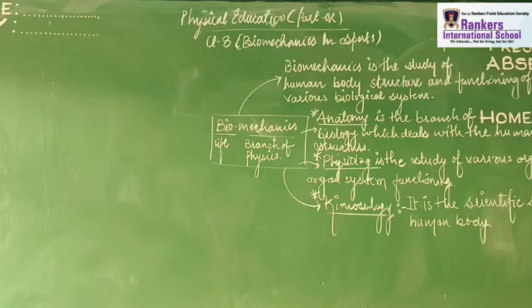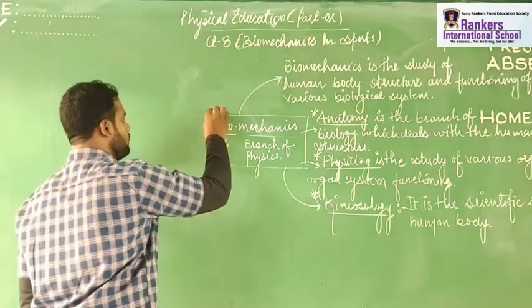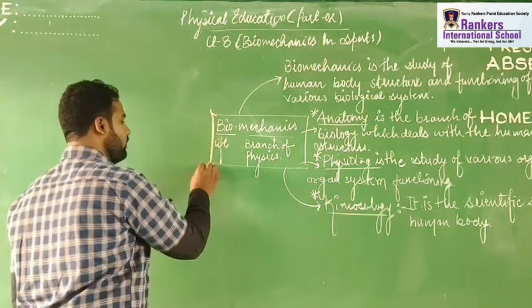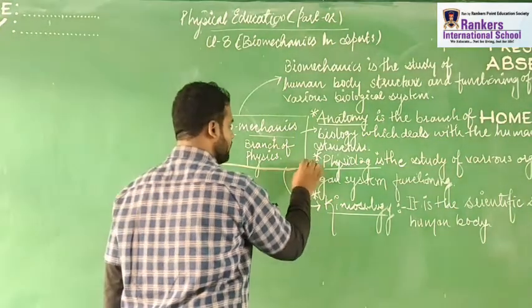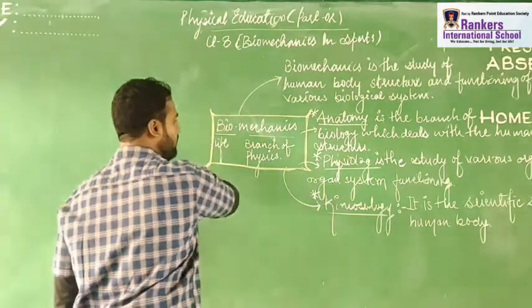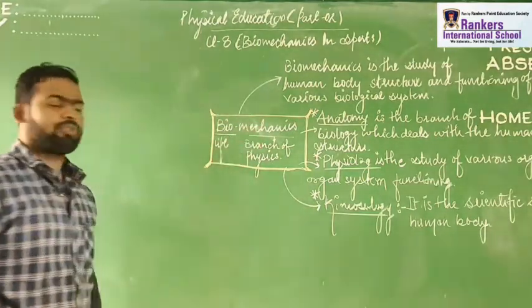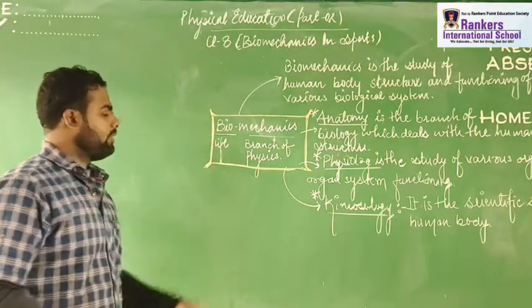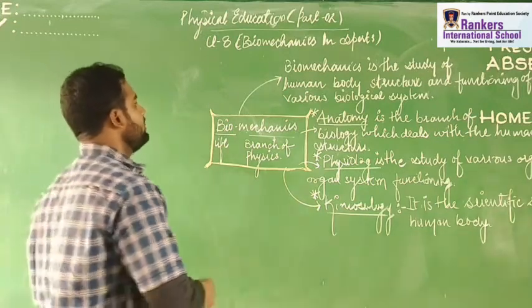So as you can see on the board, I have started the topic with biomechanics, right? If you understand it properly, what is the meaning of biomechanics? It is the study of human body movements. Bio is life, and biomechanics is a branch of physics.